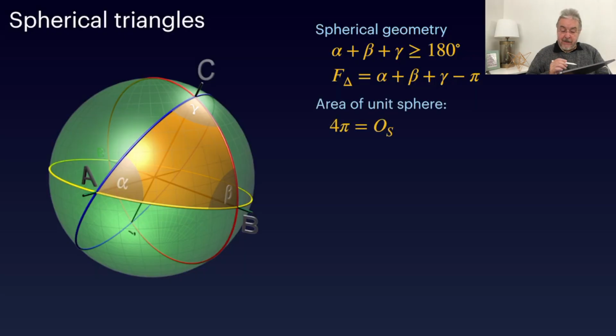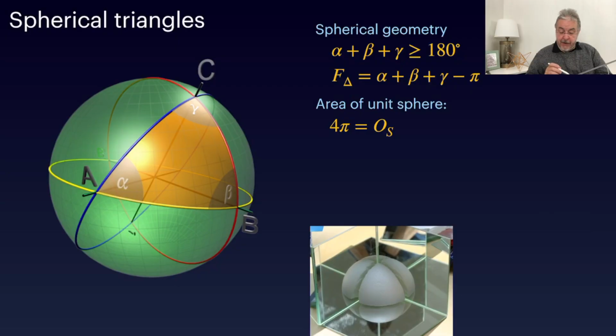So just to make a comparison, if you have a unit sphere, it has an overall surface of 4 pi, and let's do a little experiment.